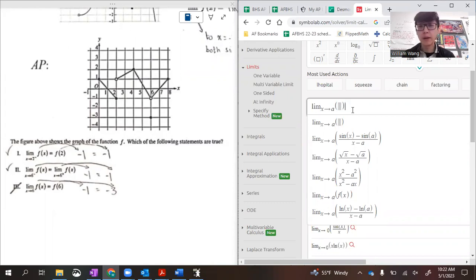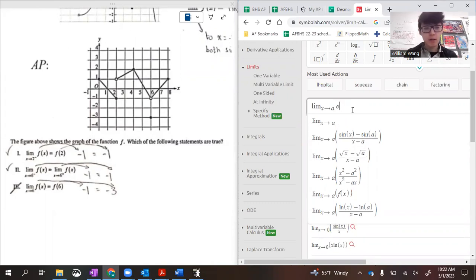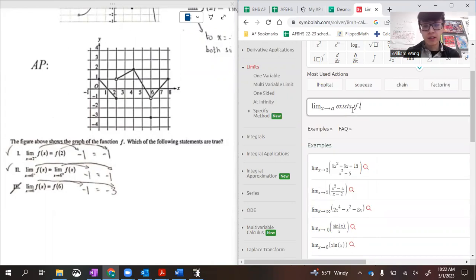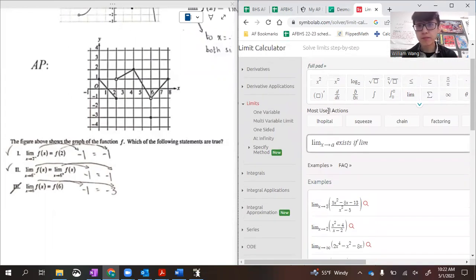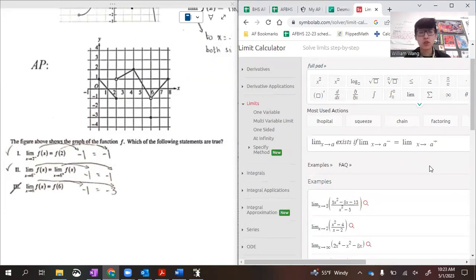That a limit exists if the limit as x approaches a from the left is equal to the limit as x approaches a from the right. All right. So basically, for a limit to exist, it has to come to the same point from the left and the right.